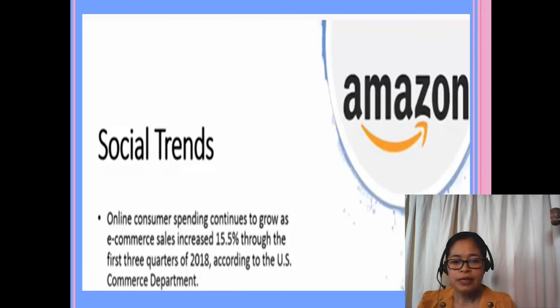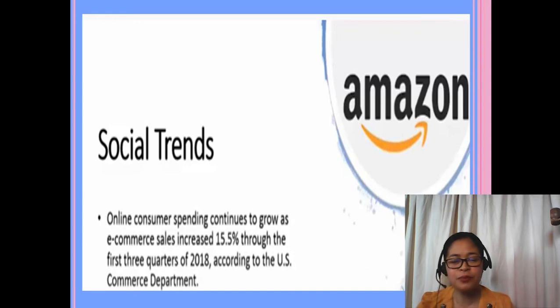Now I have here an example of how Amazon scanned their environment. Okay, so remember, when you scan your environment, it has to be based on facts, it has to be based on data, and it has to be from a reliable source.